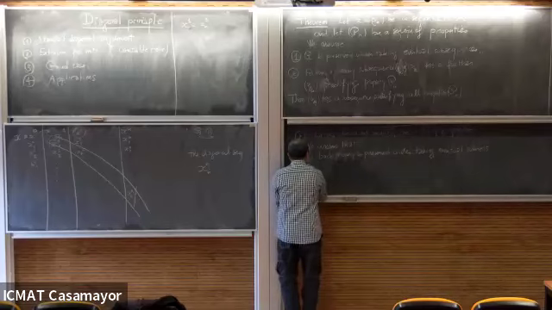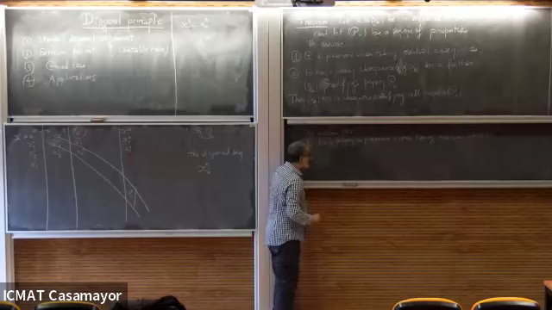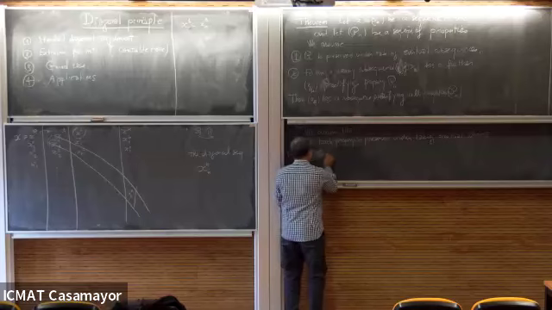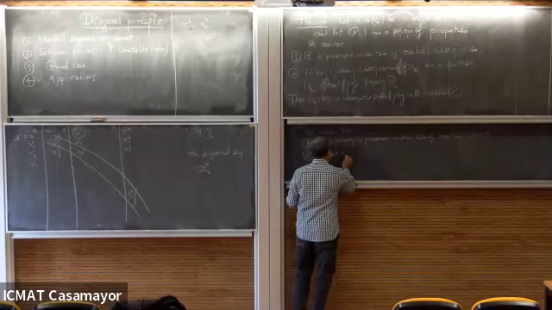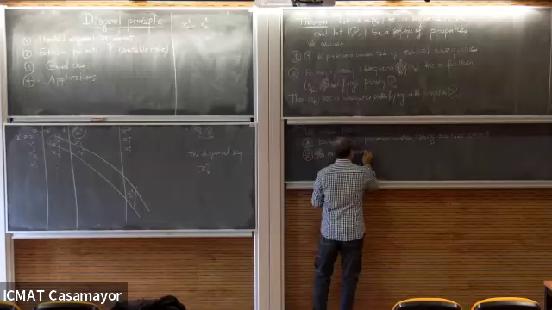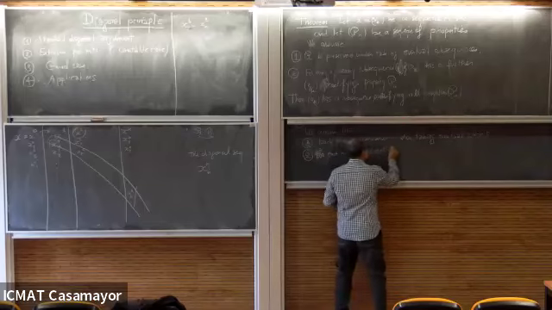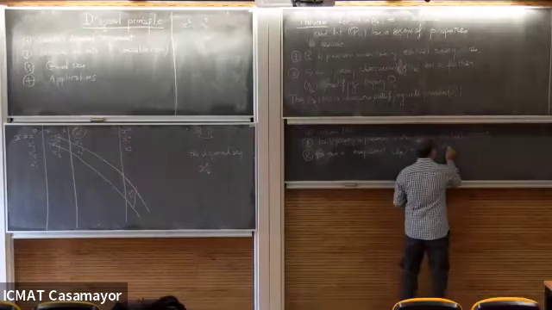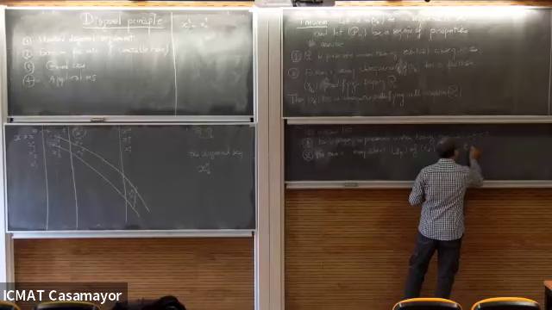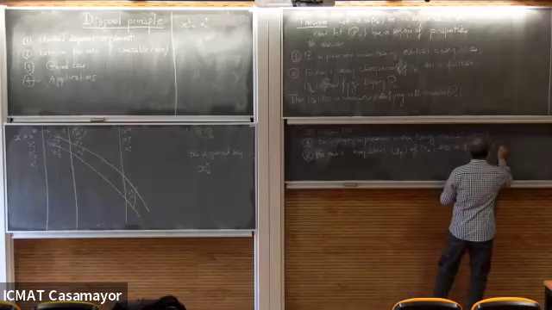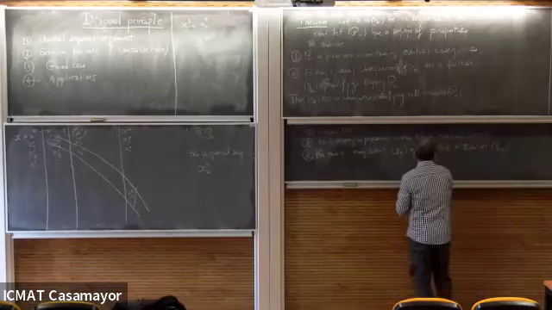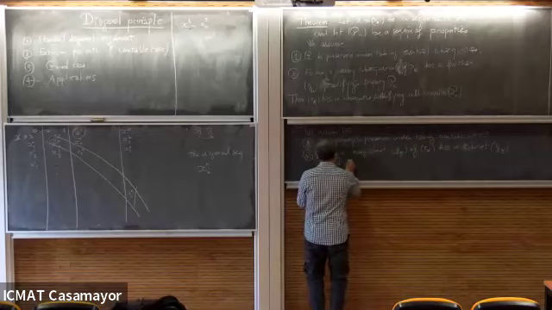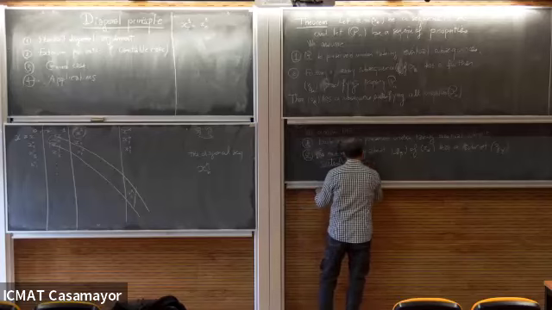The second assumption, for each n, every subnet Y beta of X alpha has a subnet Z gamma satisfying property Pn.